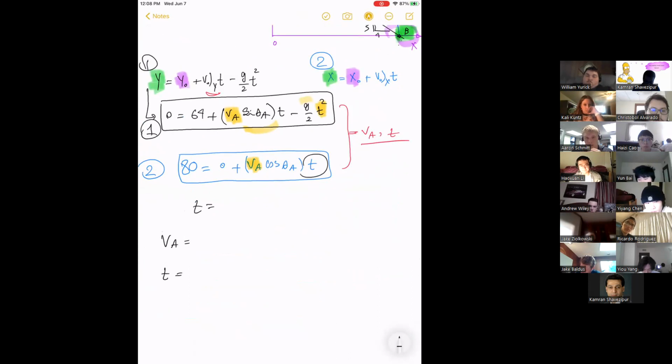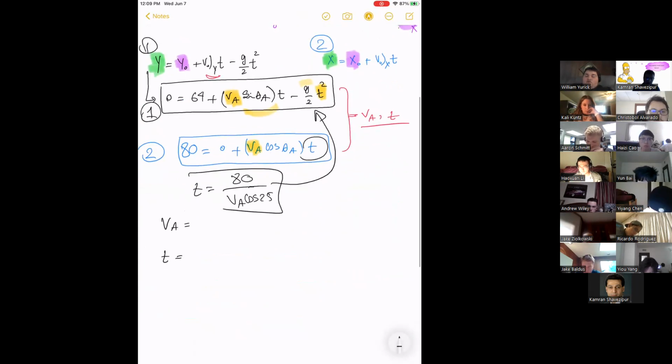T is AT over VA cosine 25, right? And then substitute here and calculate your VA. And then go back and calculate that one. So if you do that, VA is going to be 19.42 meters per second. And time is 4.545 seconds.